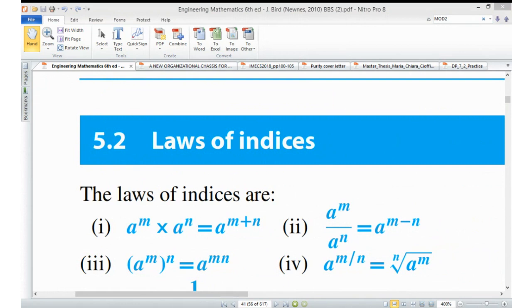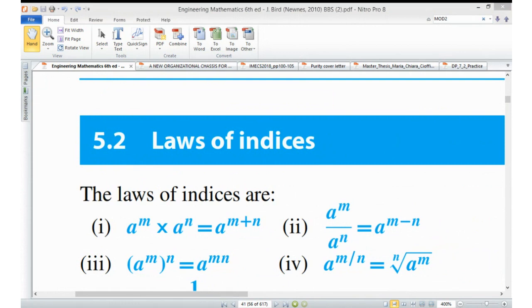The first one was multiplication changing to addition. And those rules can move back and forth. In mathematics, we'll use this arrow to show that the rules can move from left to right and from right to left.